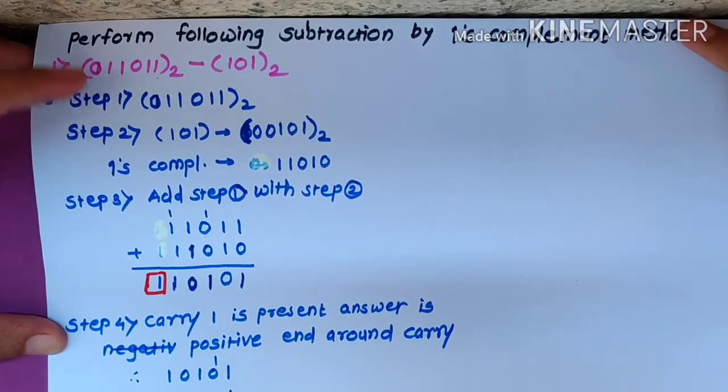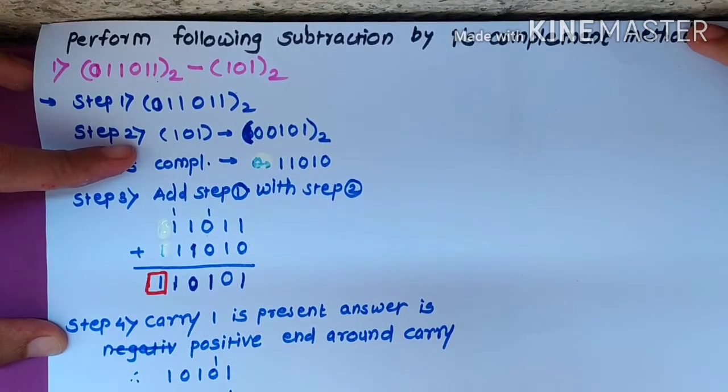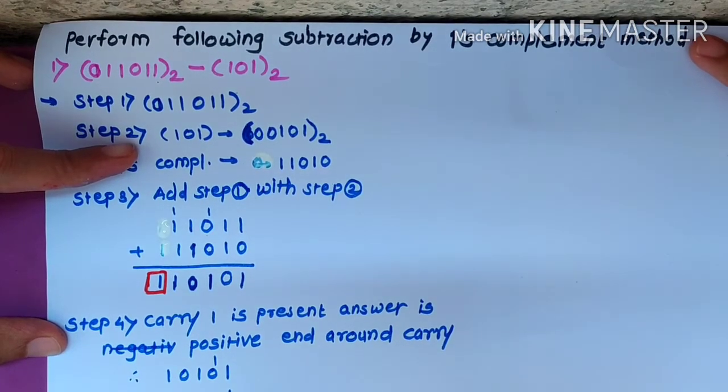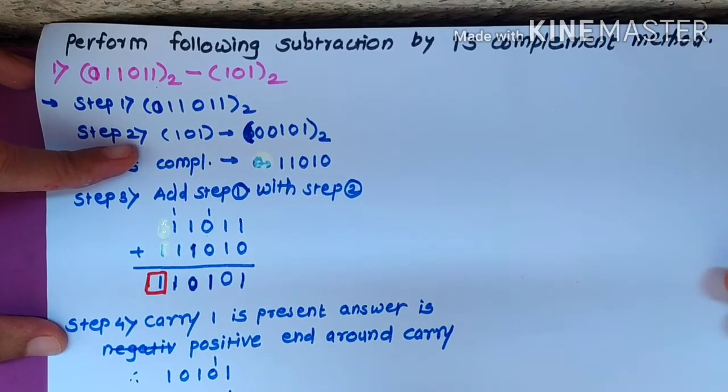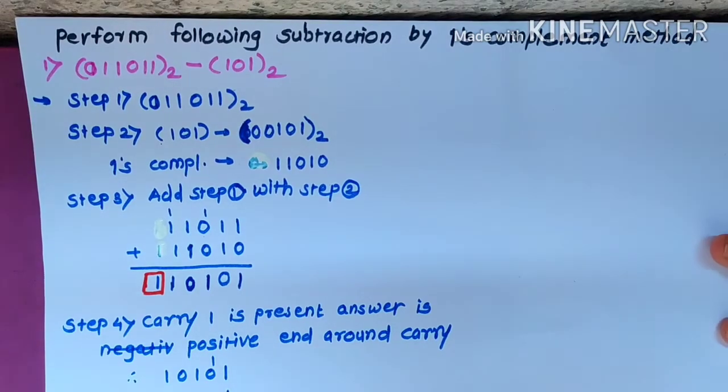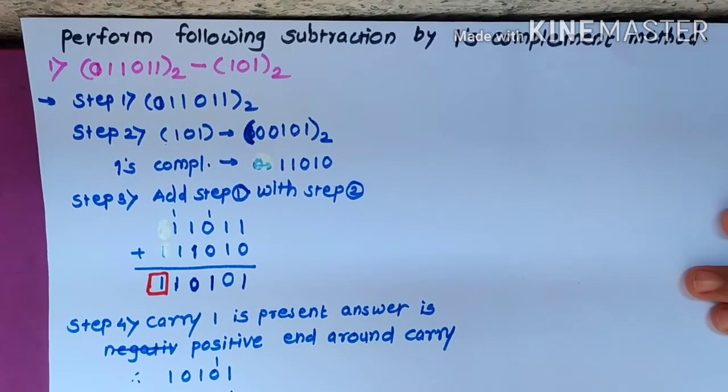So we can write 010110 binary minus 101 binary equals to 10110 binary. So this is the final answer, student.